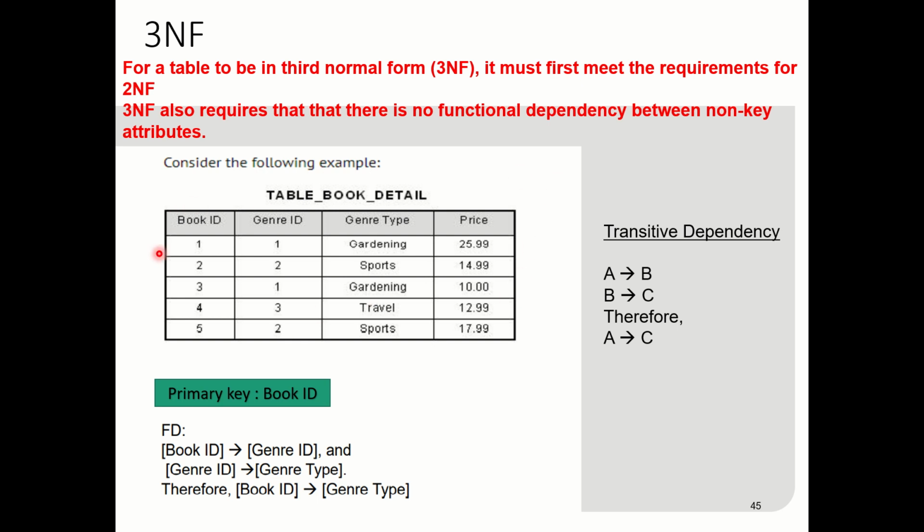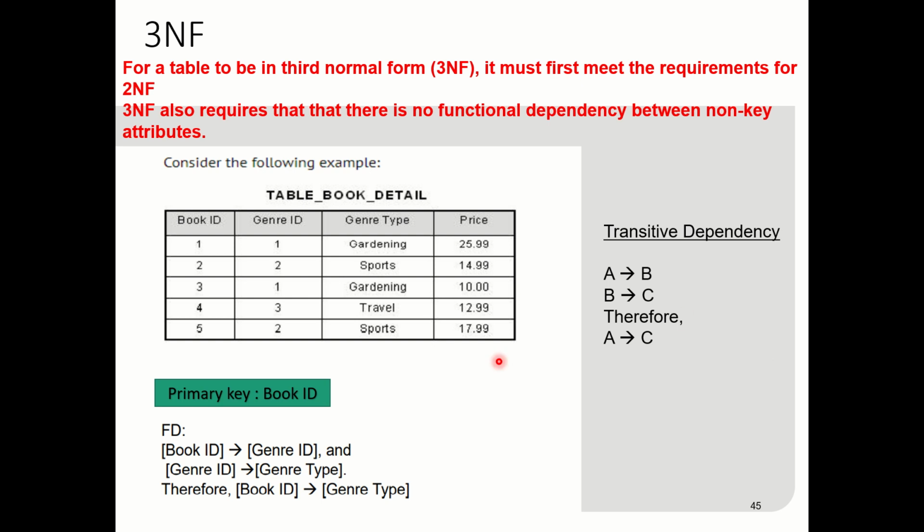So these are the information which is given to you. Just imagine that book ID is the primary key of this particular table. Then the non-key attributes are genre ID, genre type, and price, right? But when you look at this, the non-key attributes genre ID and genre type have some dependency. How can you make sure that there is a dependency?